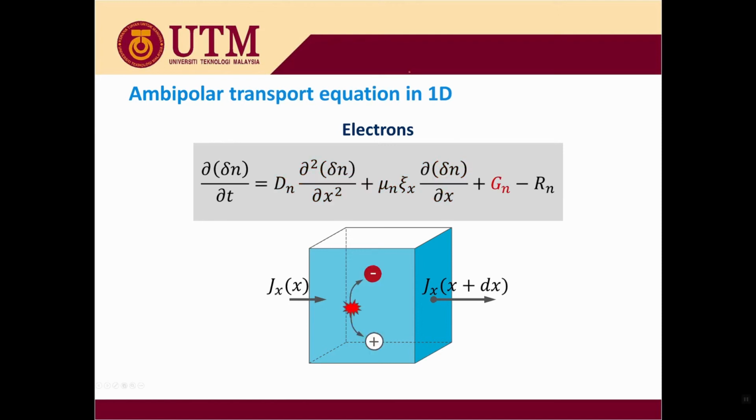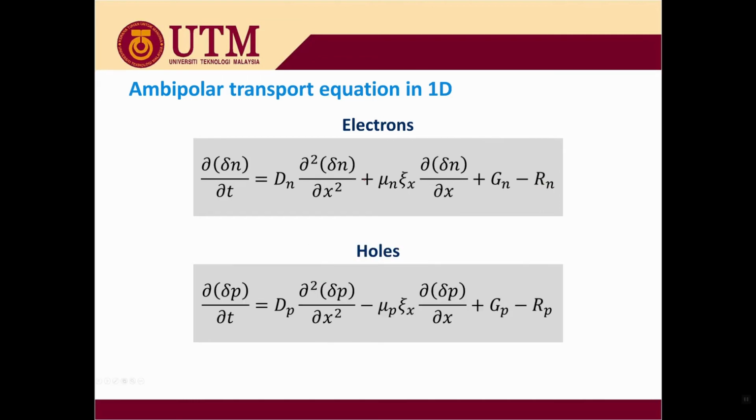Inside the volume element, you can see charge being generated as well as recombining. The same equation can also be applied for holes, giving more or less the same equation, except that the drift term is now negative. It is positive for electrons and negative for holes because of the opposite effect the electric field has on positively charged holes compared to negatively charged electrons.